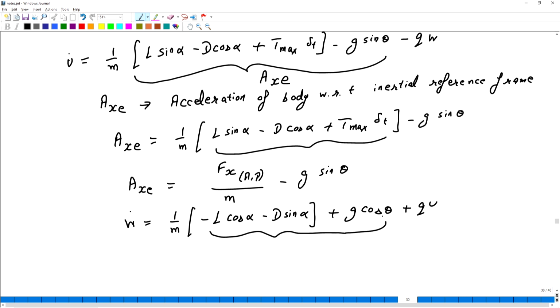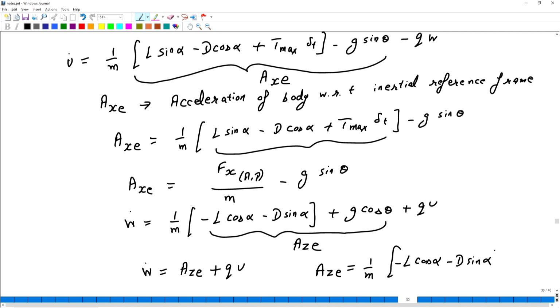Similarly take this as AZE. So w dot is written as AZE plus q into u, where AZE is 1 upon m times minus L cos alpha minus D sin alpha, plus g cos theta.